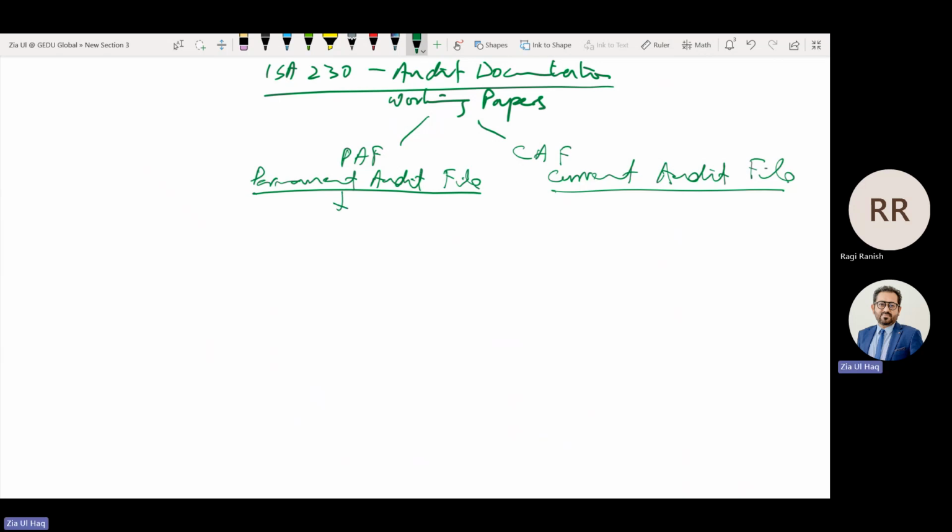What we keep in the permanent audit file is the client business knowledge we have obtained, at the very first year at planning stage: who was the main owner of the business, who are the main management, who are their stakeholders, in what products they are operating. That knowledge will remain the same year to year. So that knowledge of business we keep in the permanent audit file, and the copy of the business knowledge documents we just copy and paste into every year's working papers.